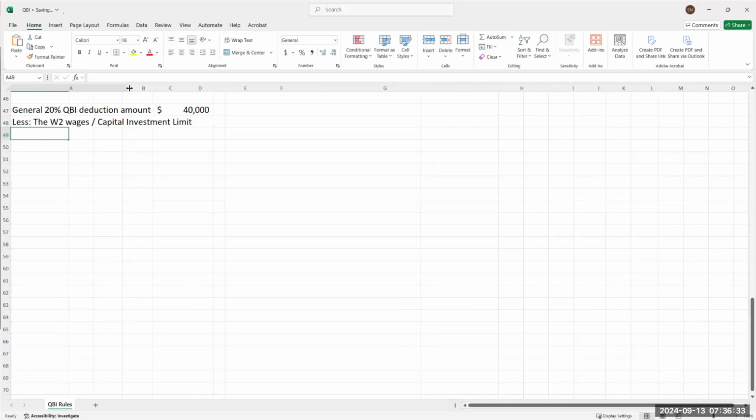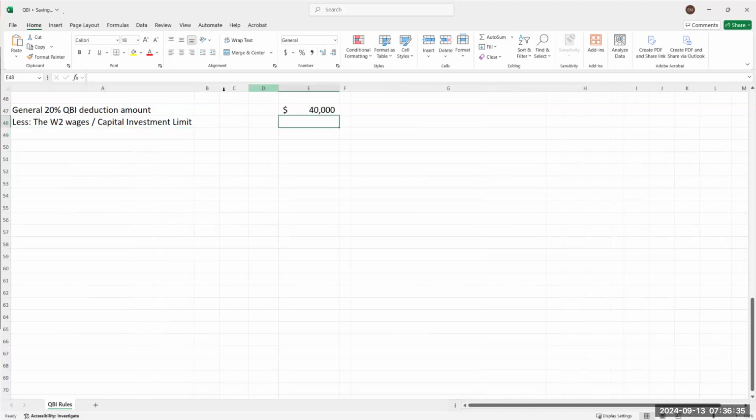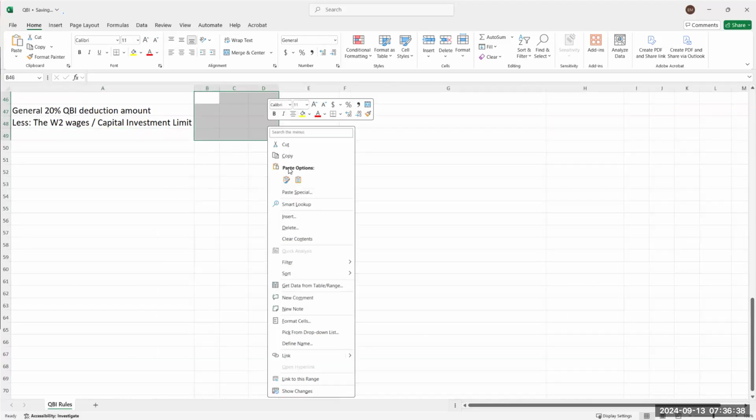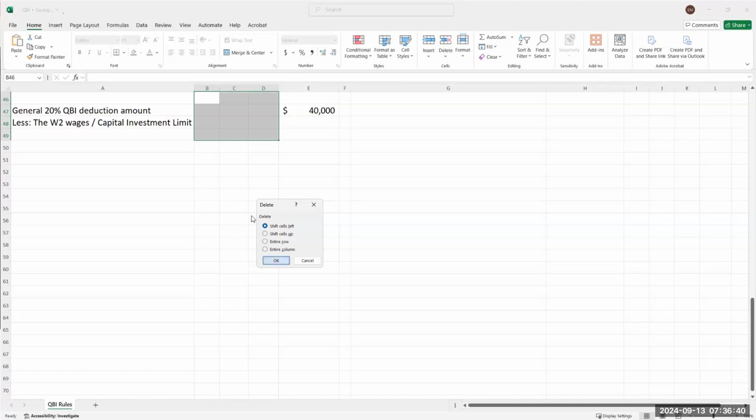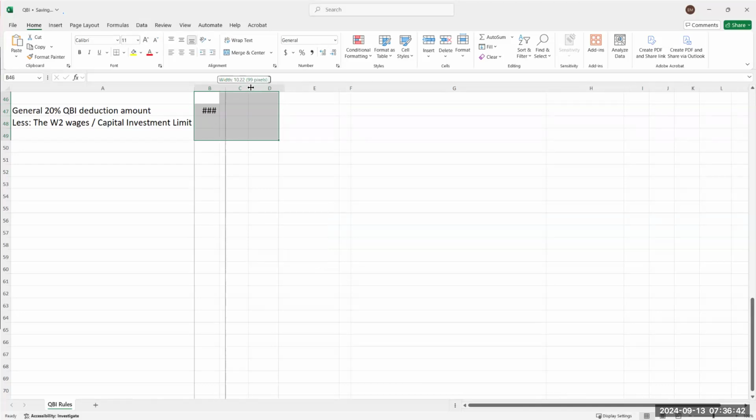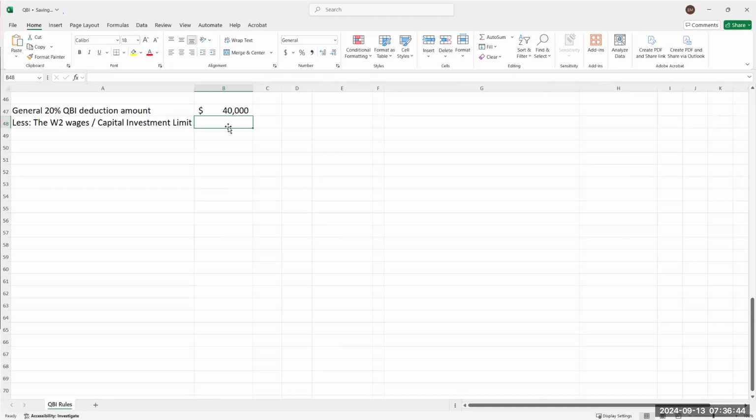Right? Based on the problem we know that they paid $60,000 of wages. It's limited to 50%. So 60,000 multiplied by the 50%, which is 30,000. So the excess in this case is the 40,000 minus the 30,000.